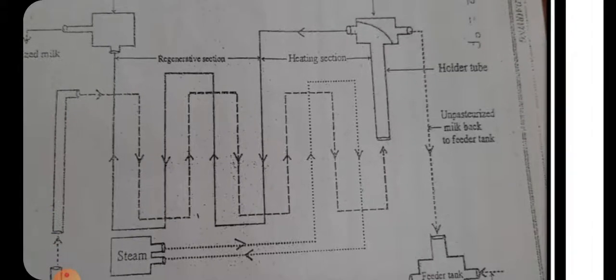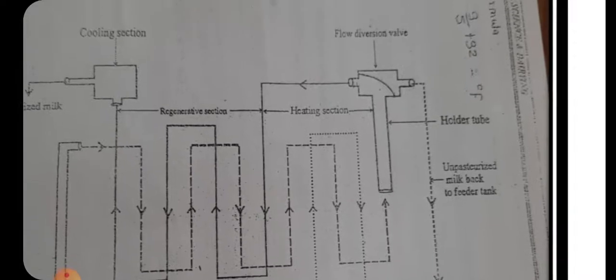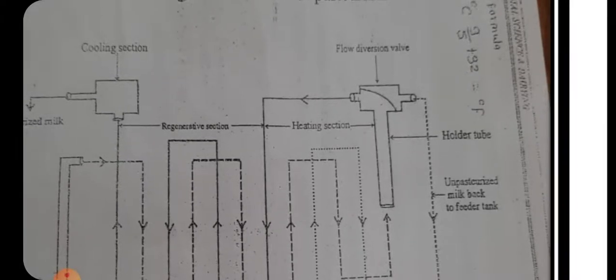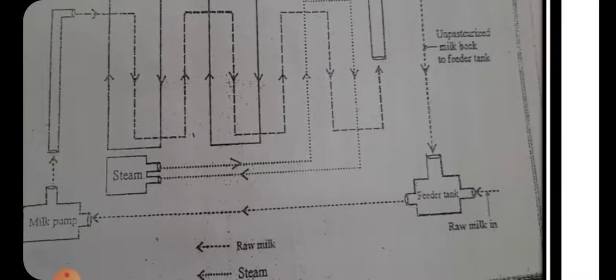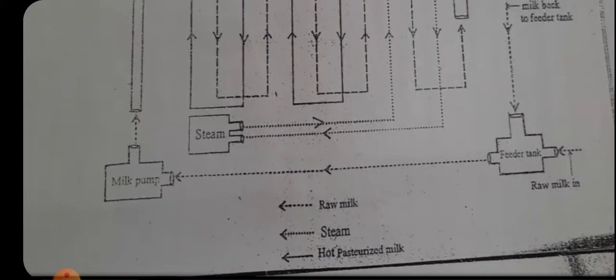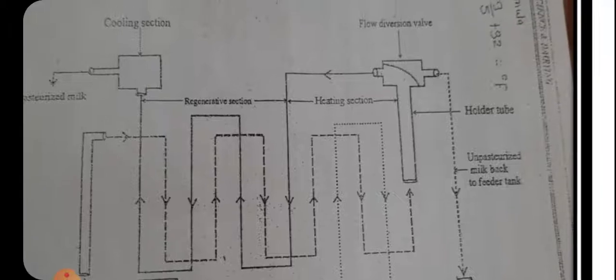And if the milk is not pasteurized, the flow diversion valve takes this milk to the feeder tank, and from the feeder tank this milk again enters the milk pump, and again the pasteurization process starts.